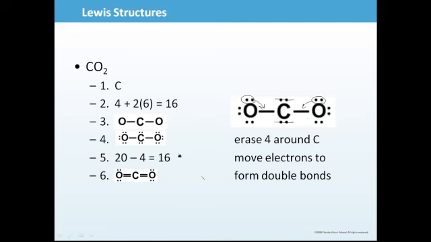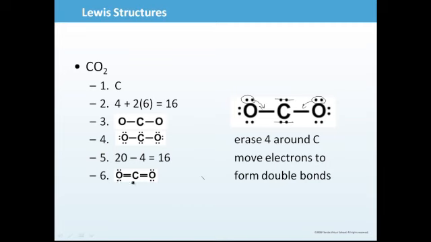If you look down here at the final structure, we've got the carbon in the middle, with a double bond on each side. So 2, 4, 6, 8 for the carbon, and then 2, 4, 6, 8 for that oxygen, and on the other side, 2, 4, 6, 8 for this oxygen.